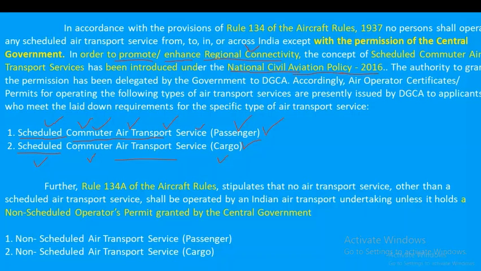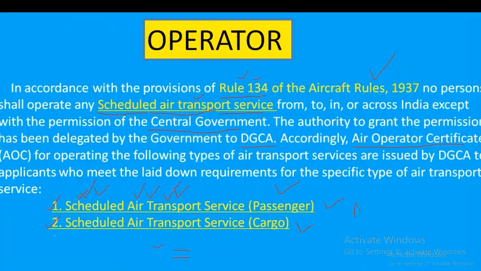This type is also approved under rule number 134 of the Aircraft Rules 1937. So the only difference is that scheduled commuter air transport operators operate inside the country, while scheduled air transport operators operate inside India or outside India.